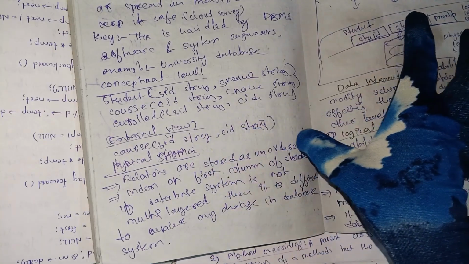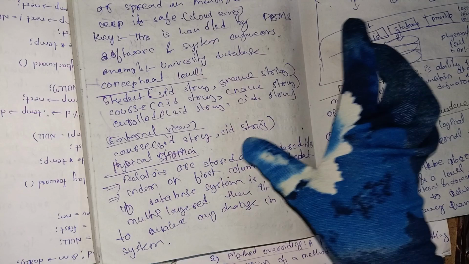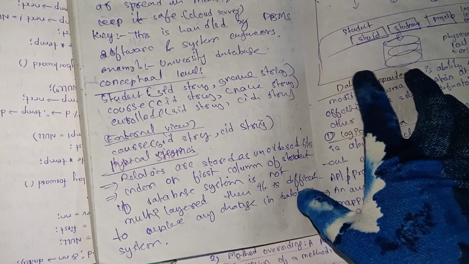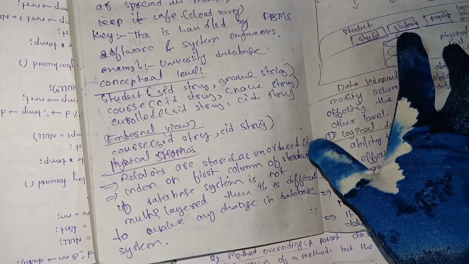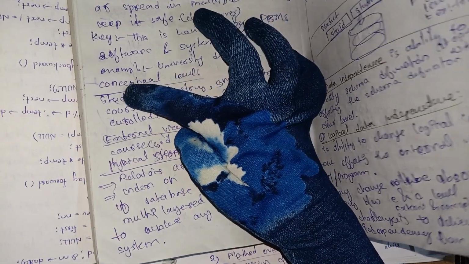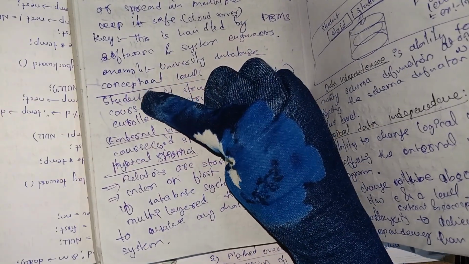So relations are stored as unordered files, and there is an index on the first column of student. Here in this first column of student, we have an index.